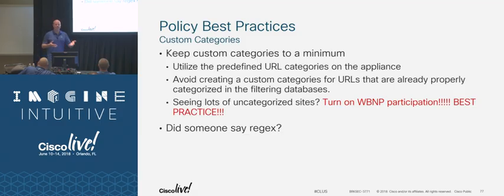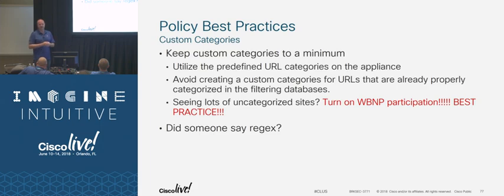So what you want to do is we have a feature on the WSA called WBNP participation. What that'll do is actually send your uncategorized sites up to Cisco. So if all of a sudden we see that everybody's interested in billsboatingpictures.com now, because we see from your company you're submitting them, and from yours you're submitting them, the more hits we see on stuff, the more likely it's going to be included in our databases to be categorized.